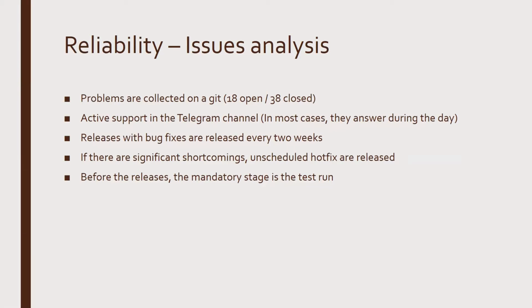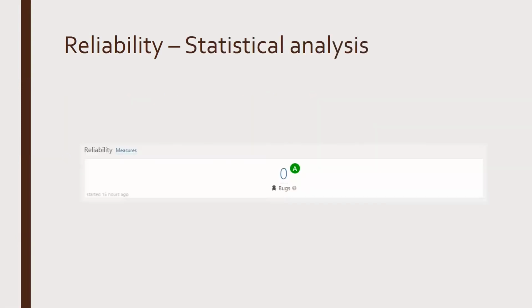Active support for the product is only on the Telegram channel, but released bug fixes are in the open repo every two weeks. In the closed repo, it may be more often than in the open repo. We also like to mention that significant shortcomings are released as a hotfix, and each commit always has CI running. Next slide, please.